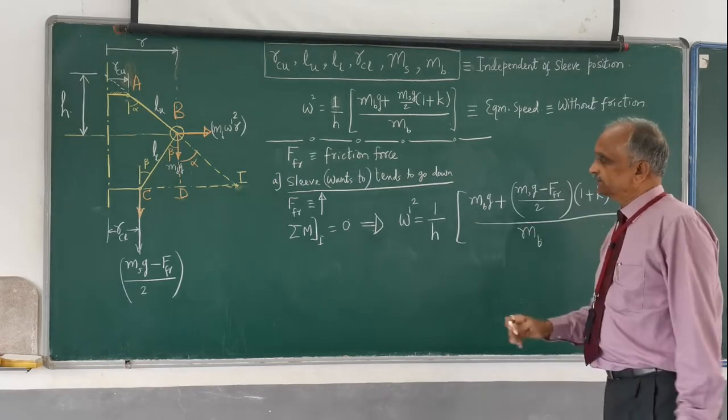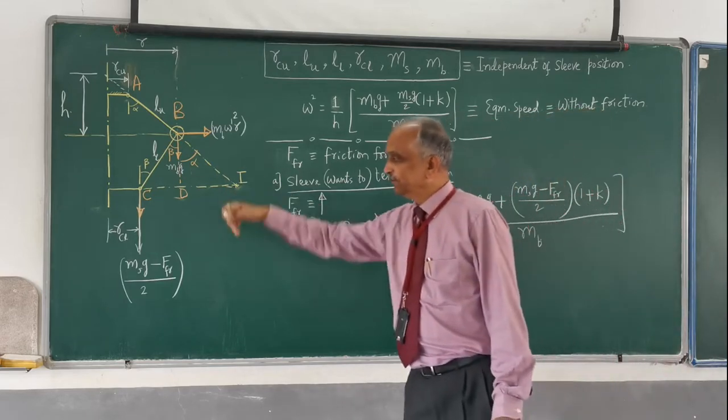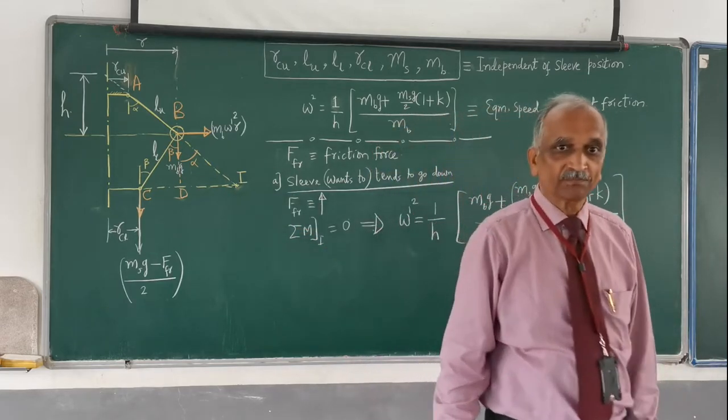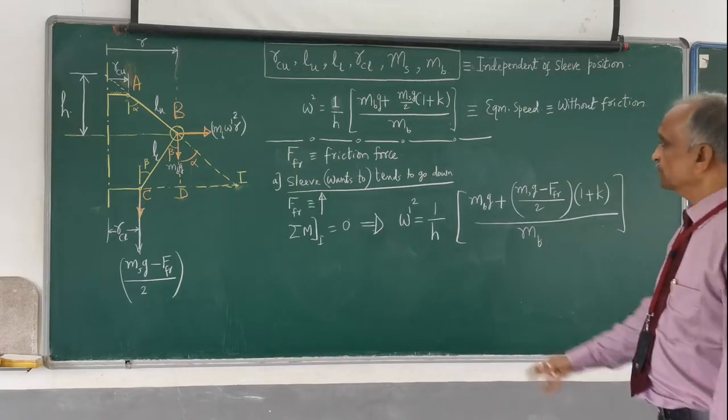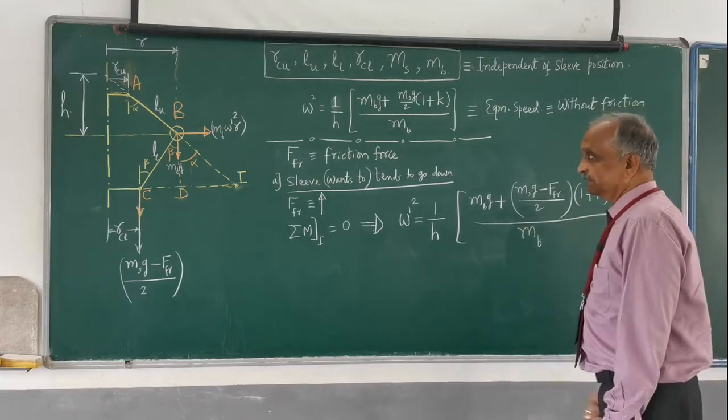So this is the speed when the sleeve tends to go down. When the sleeve tends to go down, this is the speed.